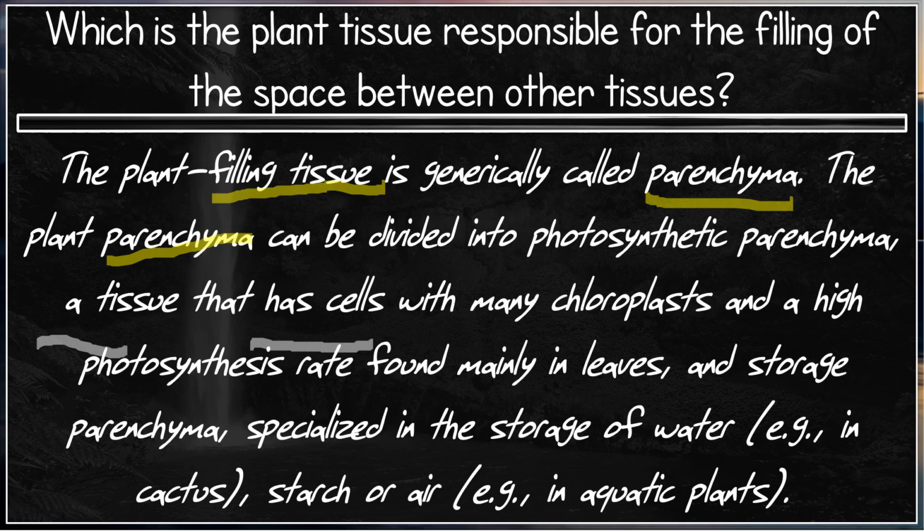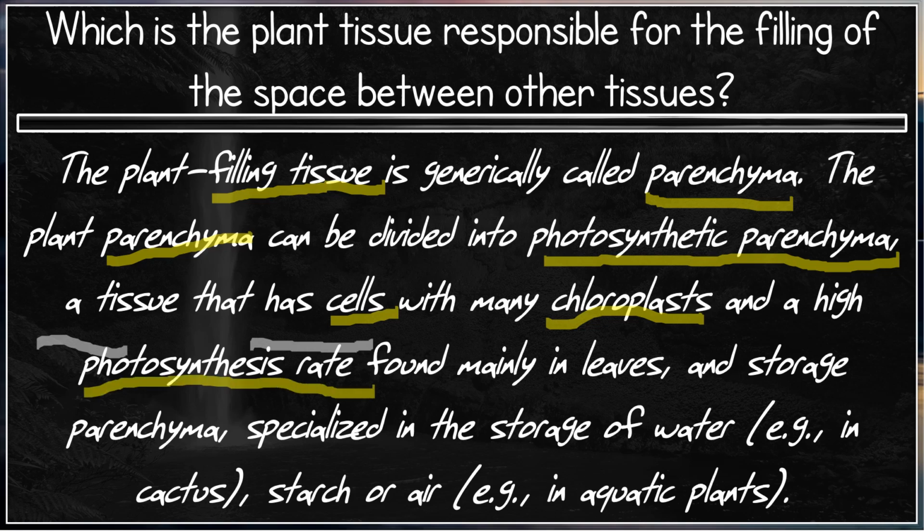The plant parenchyma can be divided into photosynthetic parenchyma tissue, that has cells with many chloroplasts and high photosynthesis rate, found mainly in leaves, and storage parenchyma, specialized in storage of water, e.g. in cactus, starch, or air in aquatic plants.